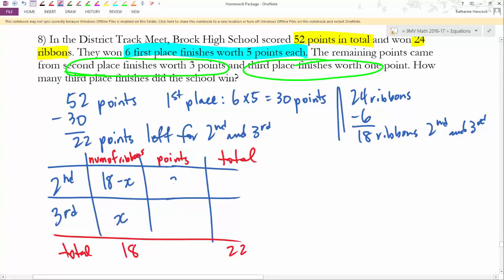Number of points: 3 points for a second place, 1 point for third place. And I'm going to multiply. That times that equals 3 times 18 minus x, plus 1 times x. And it's going to all add up to this.